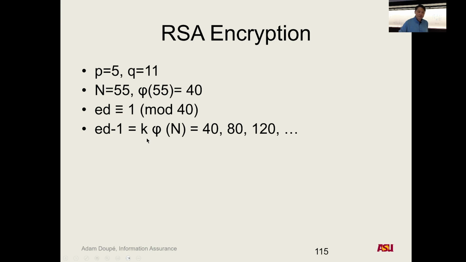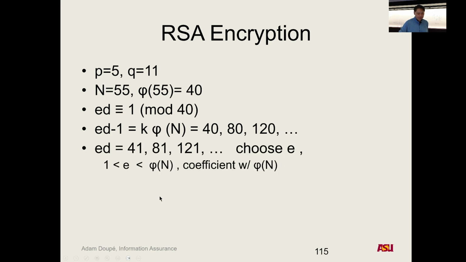That means a multiple of phi(n): 40, 80, 120. So ED is equal to 41, 81, 121. Among them, we have to choose E that is less than phi(n), which here is 40, right?